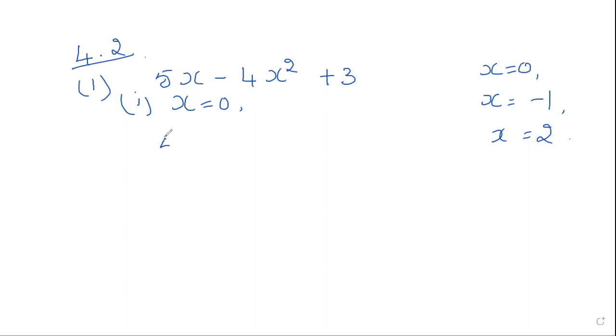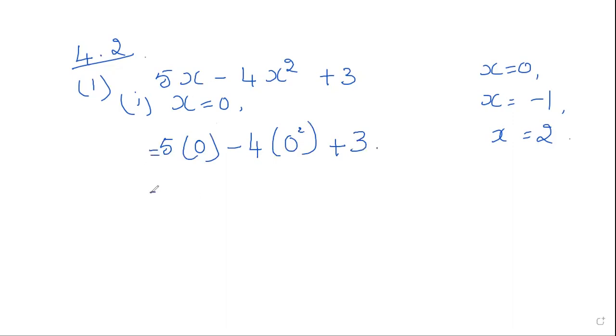Okay, now 5 into what is value of x here? That is 0. Put minus sign as it is. Write 4. X is 0. 0 square is nothing but 0 itself, right? Plus 3.